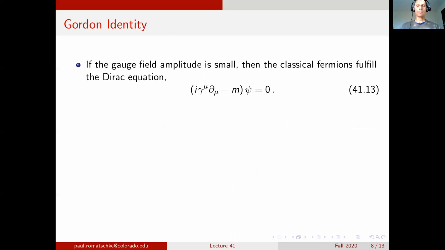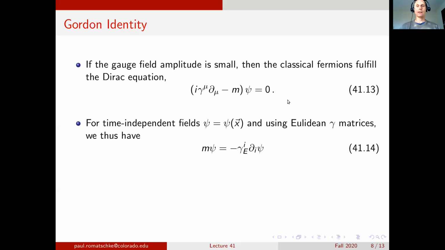If A is small, then the fermions in QED fulfill the Dirac equation, because any contribution that comes from the coupling of gauge fields and photons would be an additional contribution of order A, but we take the gauge field A to be small in amplitude. So we have the Dirac equation here.